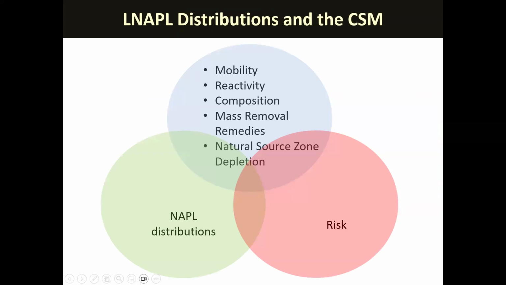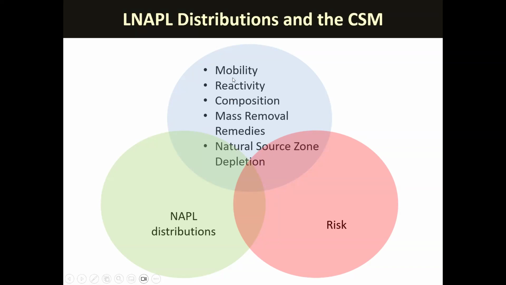Why is it important to look at NAPL distributions? This is really my personal take. This is not coming straight out of any guidance document, but I believe that this is consistent with those guidance documents. So the things that drive risks for NAPL have to do with these keywords: NAPL mobility, the reactivity, the composition, the effectiveness of mass removal remedies, and the degradation rates based on natural processes, also known as natural source zone depletion.